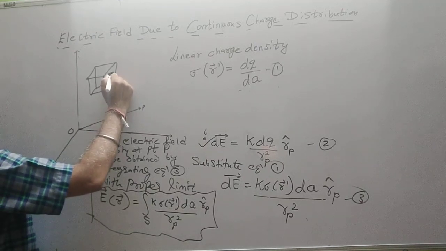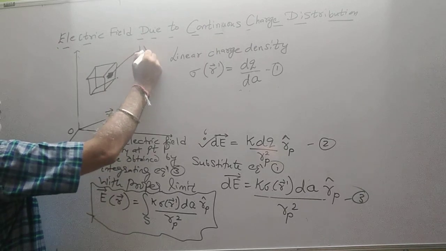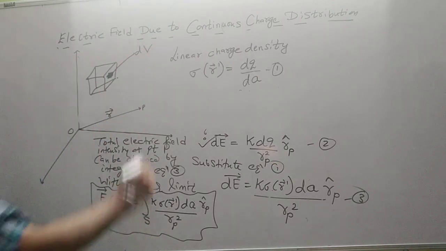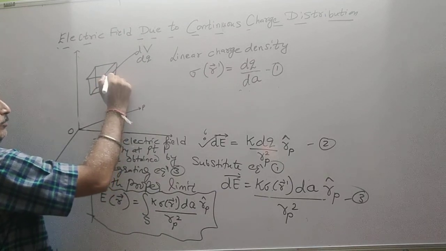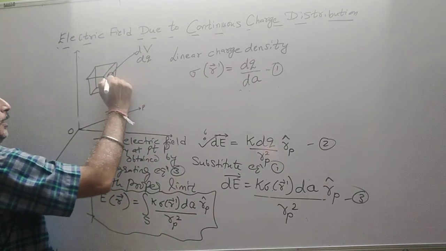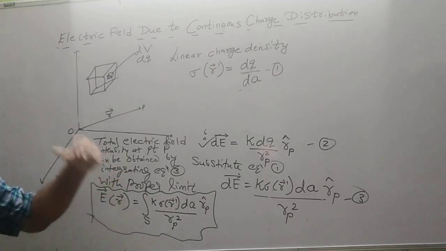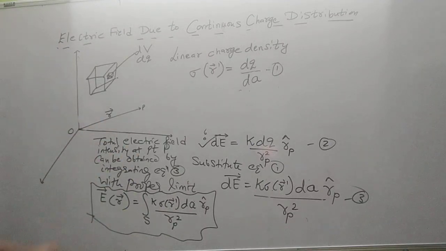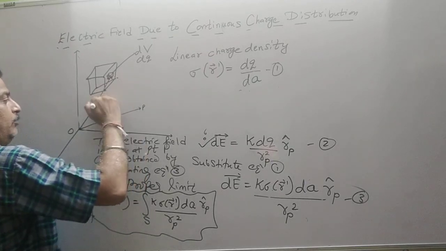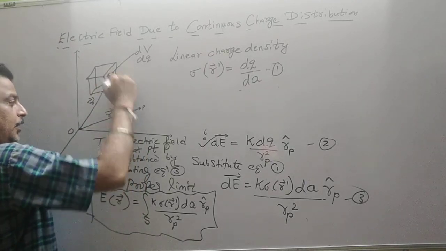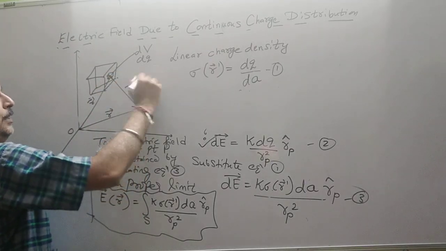This small cube will be denoted by volume element dV. Again the charge is dq. So here we have a small cube, like a dice, and the repetition of the dice will give you a cube. Now this has a position vector r dash. Again this is your rp.